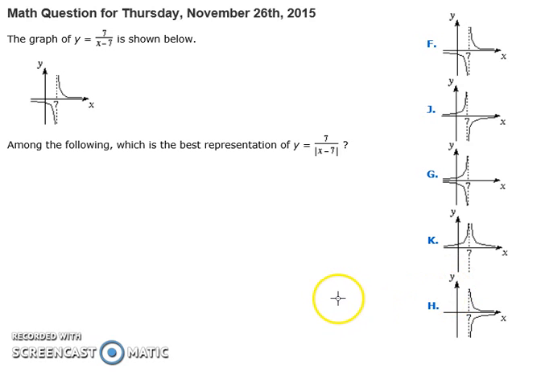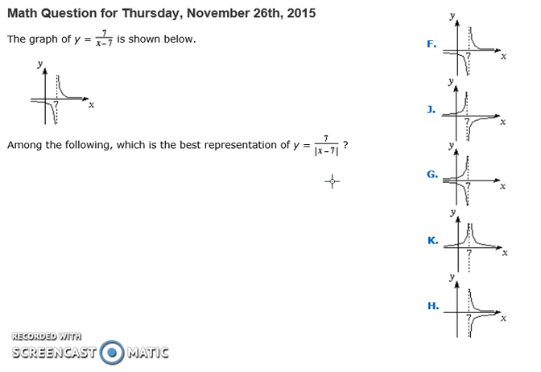Now the main difference between this and the original equation is obviously this absolute value. But what does that absolute value do? The absolute value is just a measure of how far something is away from 0.